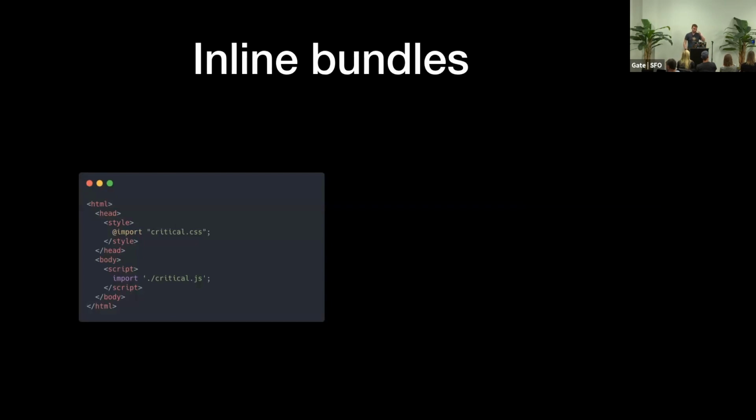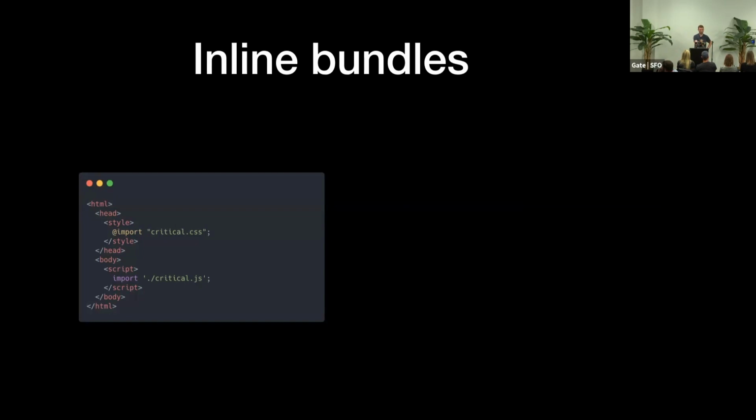Okay. So another cool thing that you might want to do is inline bundles into another bundle. This is something that hasn't been that easy before. So maybe I have some critical CSS or JavaScript that I want to get loaded as fast as possible. I can write code that looks like this and just import it as if I'm in another file, right?